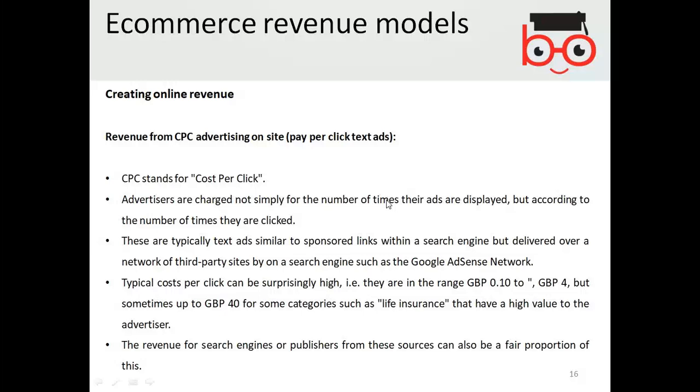Sometimes the Yahoo advertisements are served to the visitors of your website, and whenever the visitors of your website click on those advertisements, deliberately or by mistake, then you get paid.